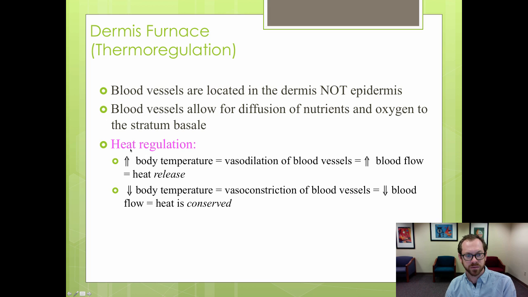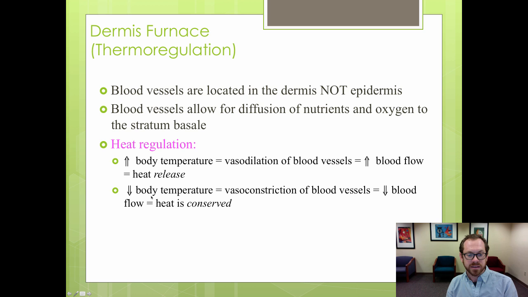So down here where it says heat regulation, if we have an increase in body temperature, our body is going to respond by vasodilation, which means we're going to increase the size of our blood vessels, and this is going to increase blood flow, and this will result in releasing heat. So we're getting rid of heat this way.